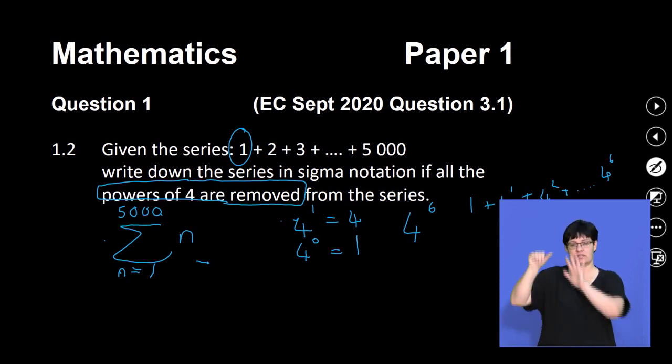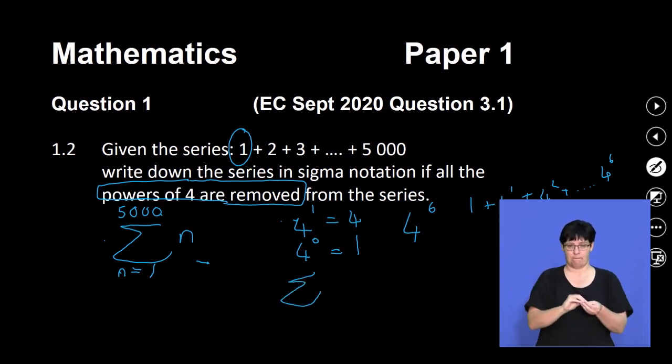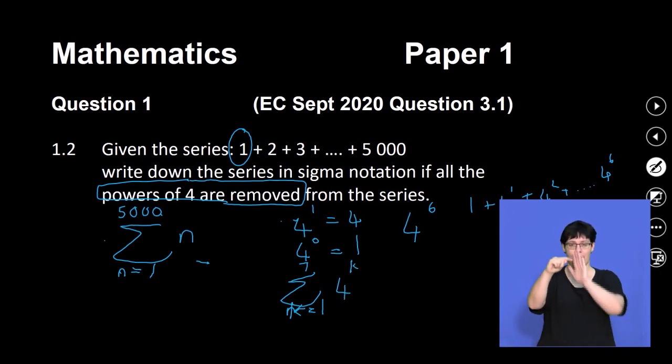We can write that as the sum, let's use a different variable here, as k goes from 1 up to 7, of 4 to the power of k minus 1. I wanted to use a natural number, so I started at 1 and went up to 7.